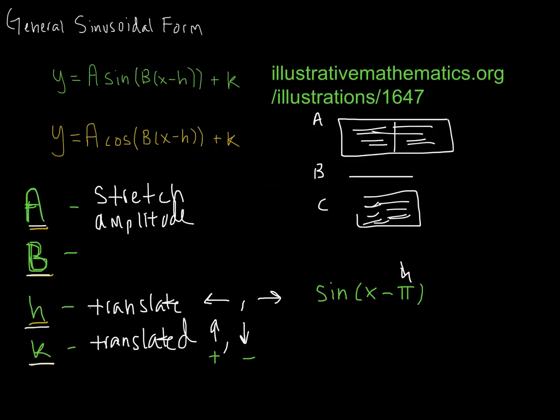If you have a positive h value, you're moving it to the right, and if you have a negative h value, you're moving it to the left. Ironically, if h is negative pi, you'd have x minus negative pi, which would be plus pi. So here, h would be equal to negative pi, and it would be shifting to the left pi units.